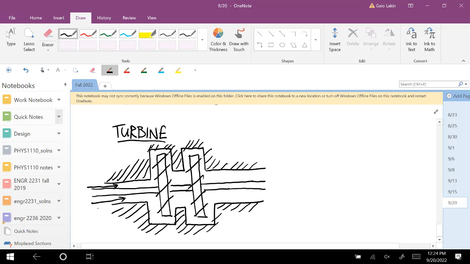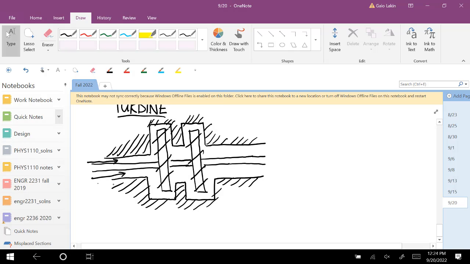The pressure difference, there's a higher pressure on the left and lower on the right. And that pressure difference rotates those turbine blades, and that's what creates the work. So we have a higher pressure on the left side and a lower pressure on the right side.